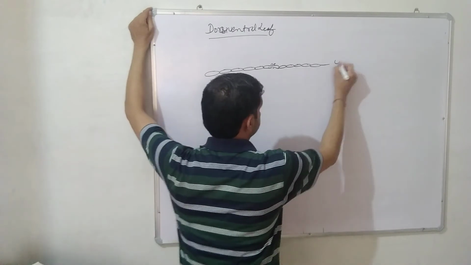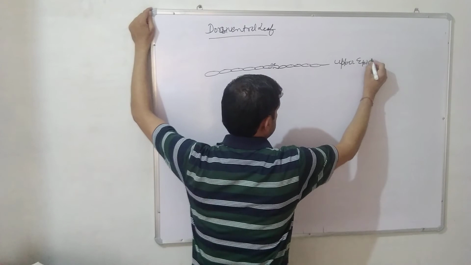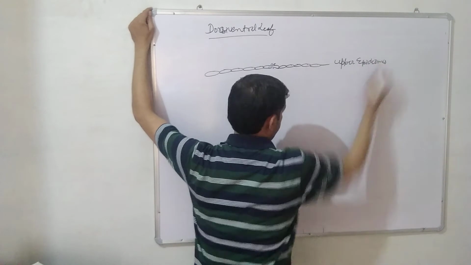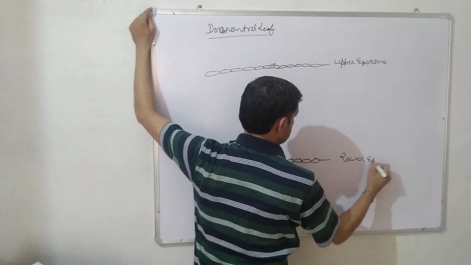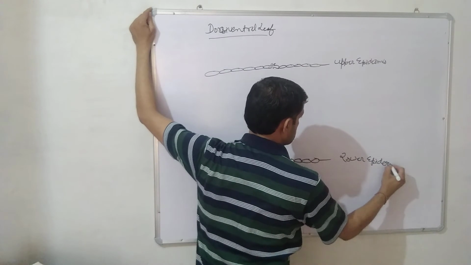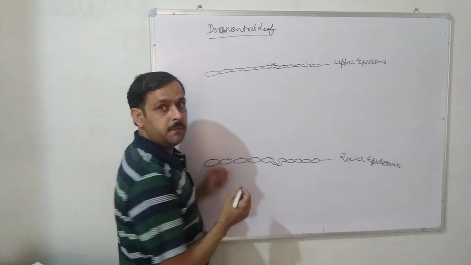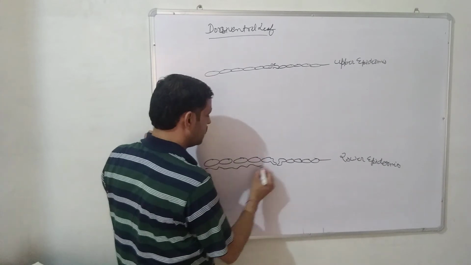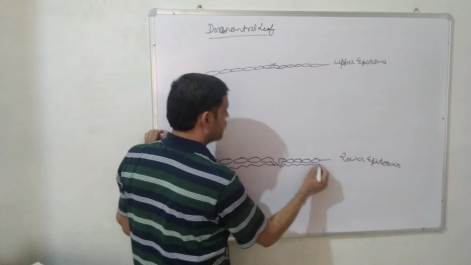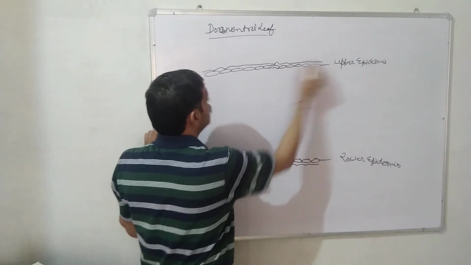This is the upper epidermis and this is the lower epidermis. Then the epidermis is covered by a protective layer called cuticle.